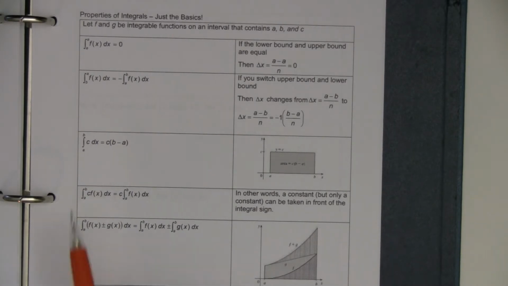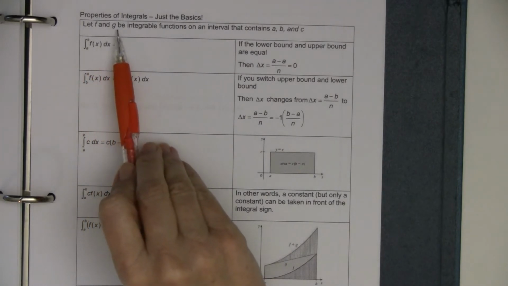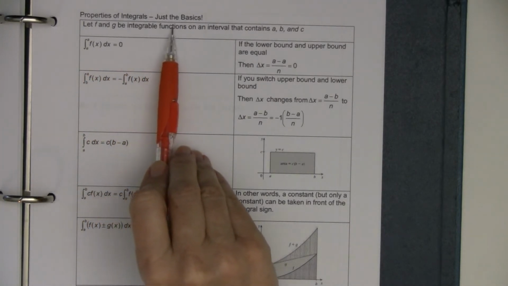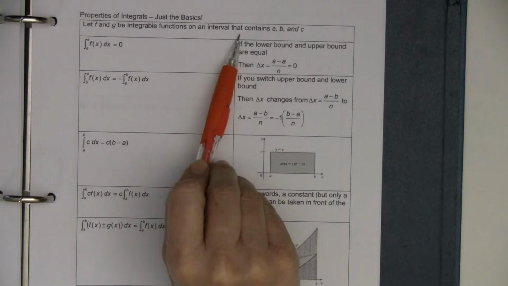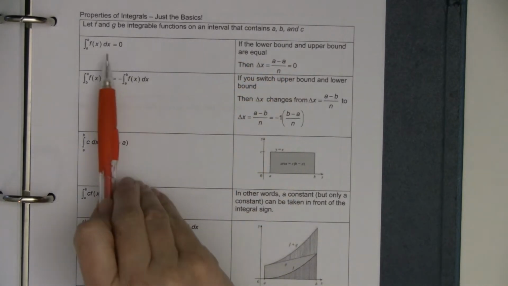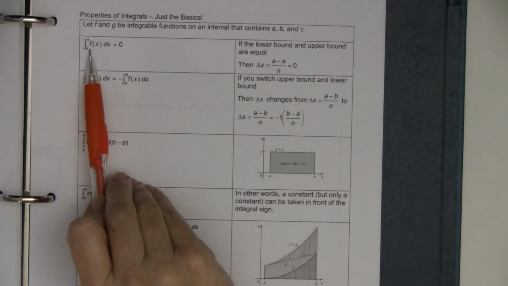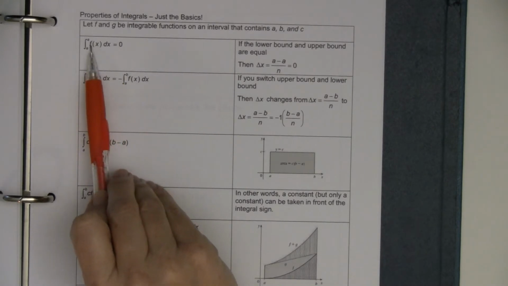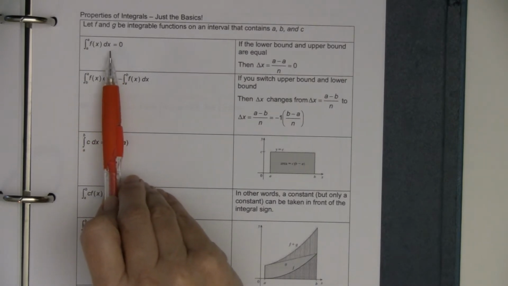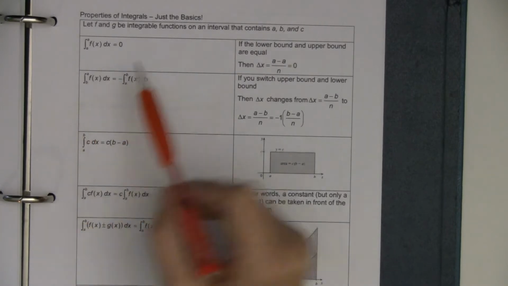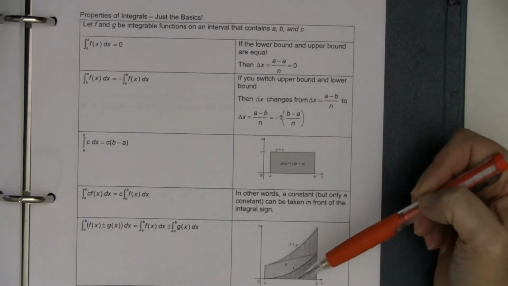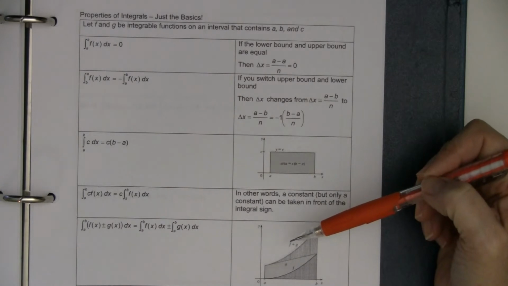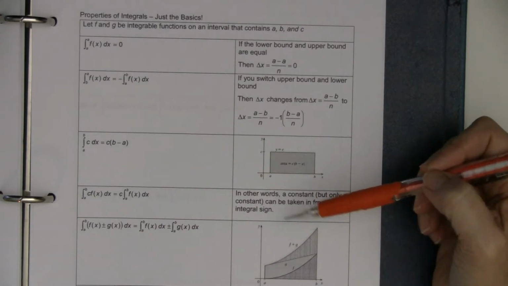So anyway, let f and g be integrable functions on the interval that contains a, b, and c. And so they said the integral of f of x dx from a to a equals 0. And I just put over here a little justification, either a picture or something, just to show you why.